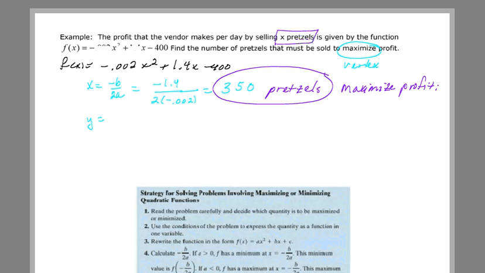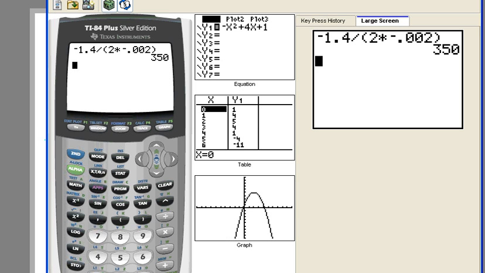Now, they don't ask us for it, but let's go ahead and find the maximum profit if we sell that many pretzels. So to do that, all we do is plug in the 350 into our function. So negative 0.002 times 350 squared plus 1.4 times 350 minus 400. So let's go to the calculator and put that in.